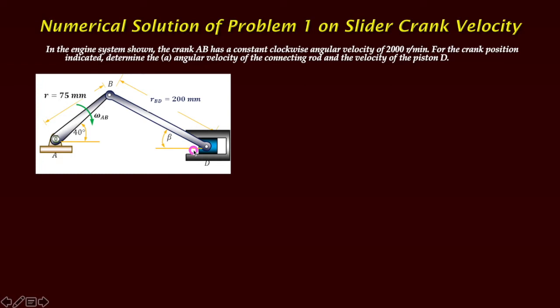Finally our wheel is rotating in circular motion, and the source of this circular motion is the piston.